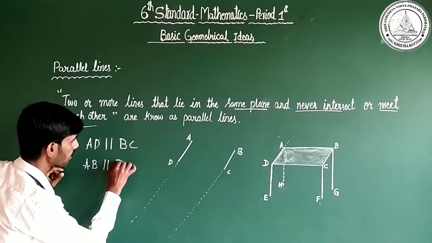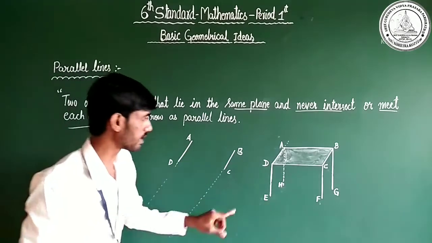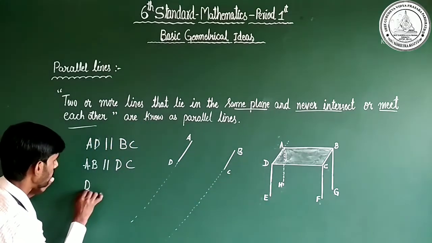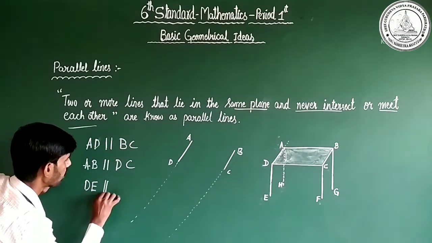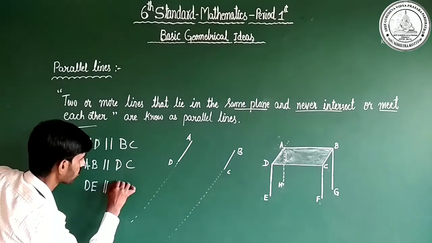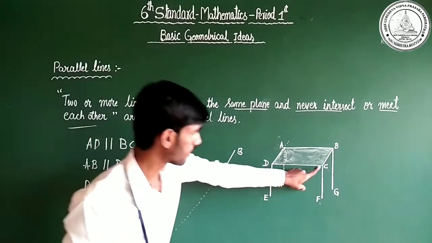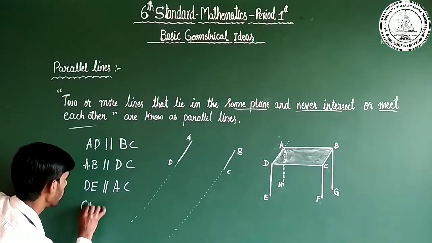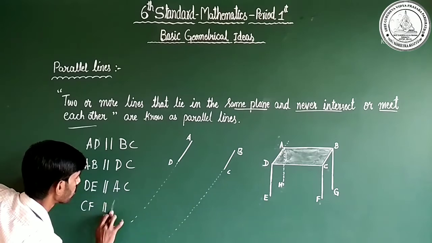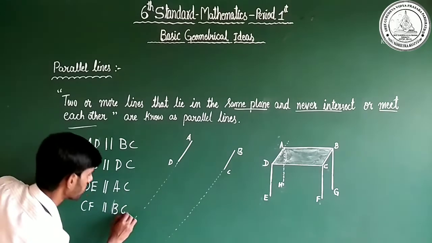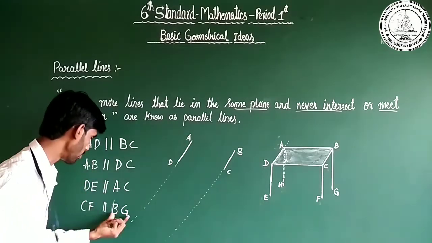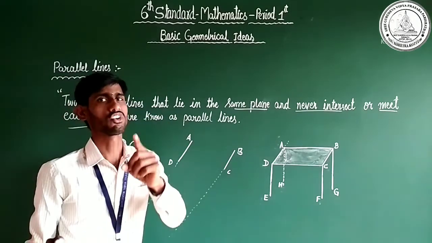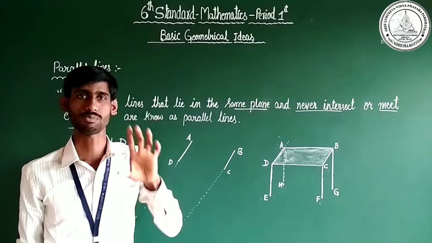Another set: DE parallel AH. Another set: CF parallel BG. Otherwise, you may write BG parallel CF. It's not a problem. You should know the difference between intersecting lines and parallel lines.